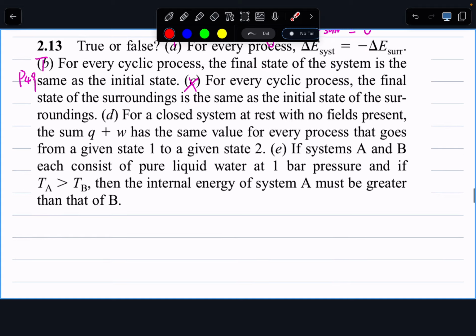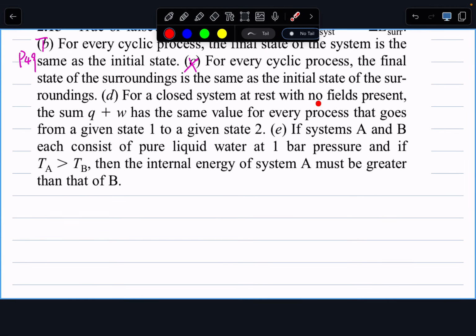For D: for a closed system at rest with no field present, the sum of Q plus W has the same value for every process that goes from a given state 1 to a given state 2. So how do we read it? This is a very long statement, but effectively, let's just write it out.